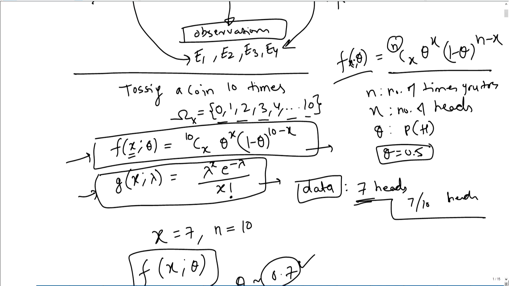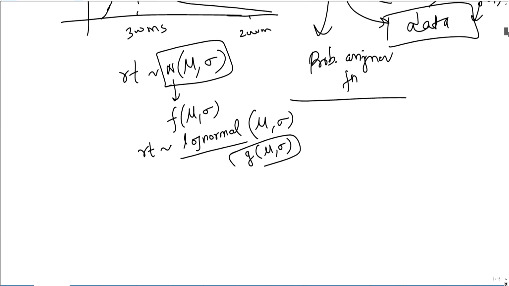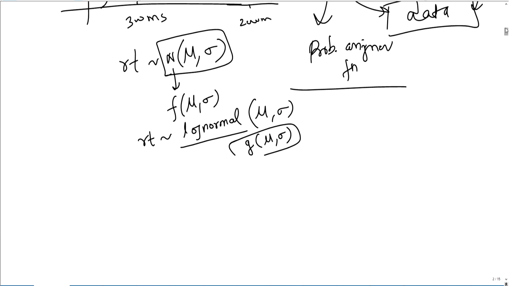There is a very famous saying by George Box, that all models are bad, but some are useful. So, we are not trying to figure out exactly what the true generative process behind your reaction time data is. We are trying to figure out which set of assumptions is useful in describing reaction time data from an experiment, which set of assumptions is closer to the true generative process.